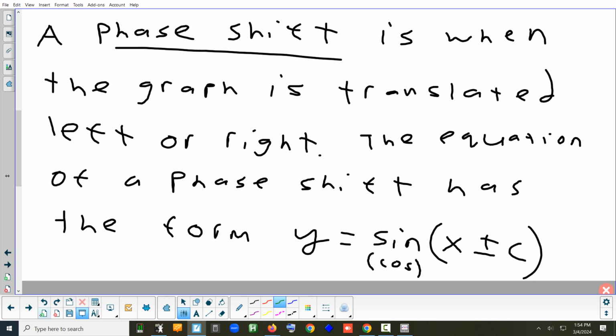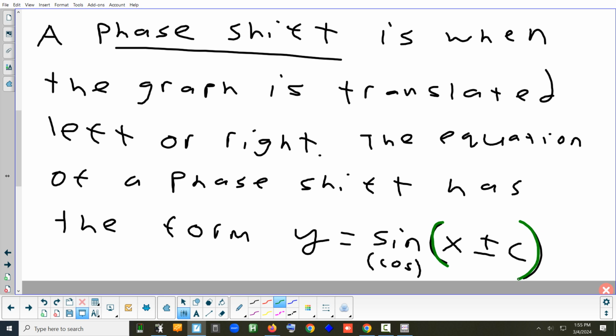So it's going to look something like this. It's y equals sine or cosine, and then inside parentheses, you've got to have parentheses around it, the x and the number.